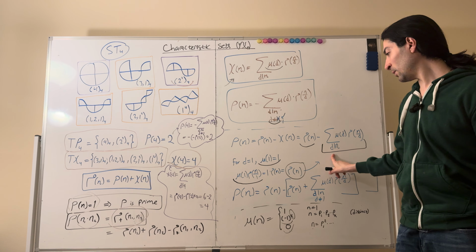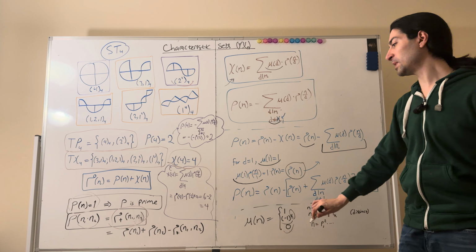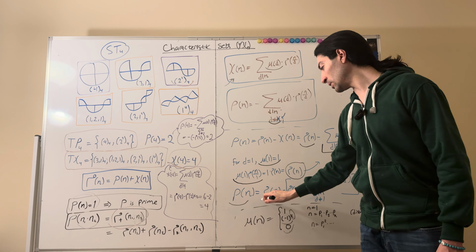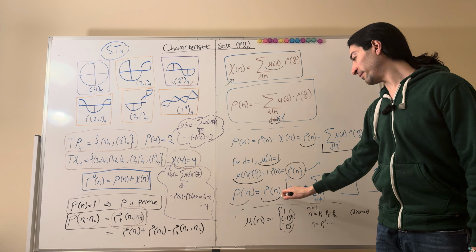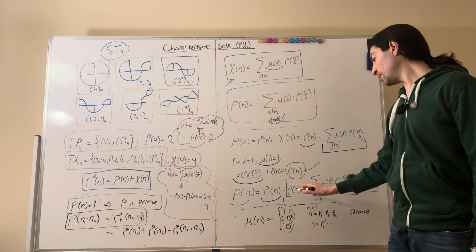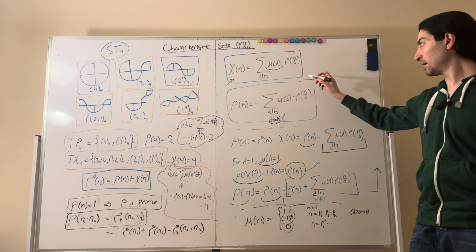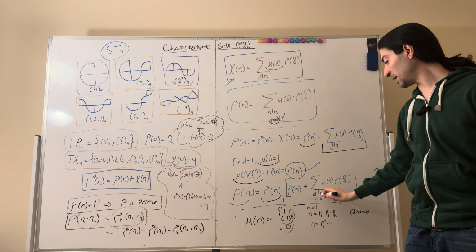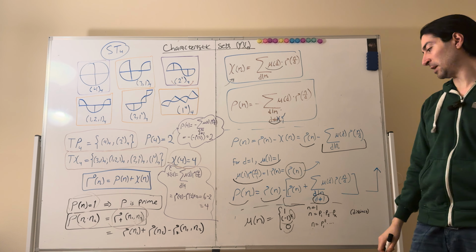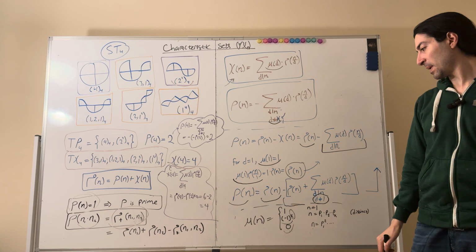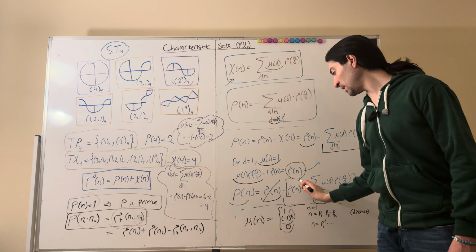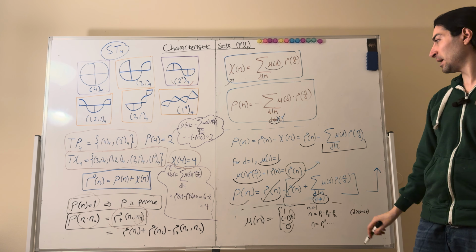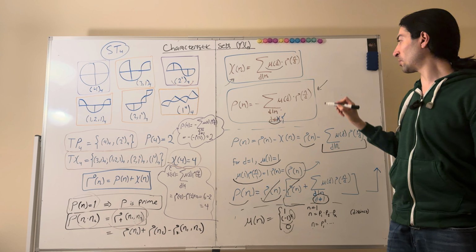So this way, we simplify it to the following. We say rho of n equals Mem of n minus Mem of n plus this summation, adding the condition that d does not equal 1. And then Mem of n and Mem of n cancel each other, and we are left with this formula.